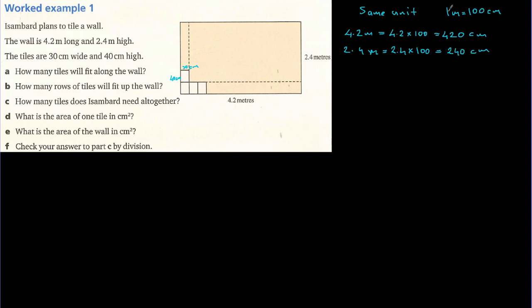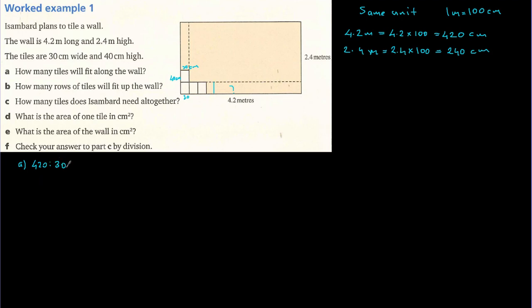Okay, the tiles are 30 centimeters and 40 centimeters. How many tiles will fit along the wall? It means how many you are going to put here. Along the wall, this one is 420, and each tile is 30 centimeters, so 420 divided by 30.